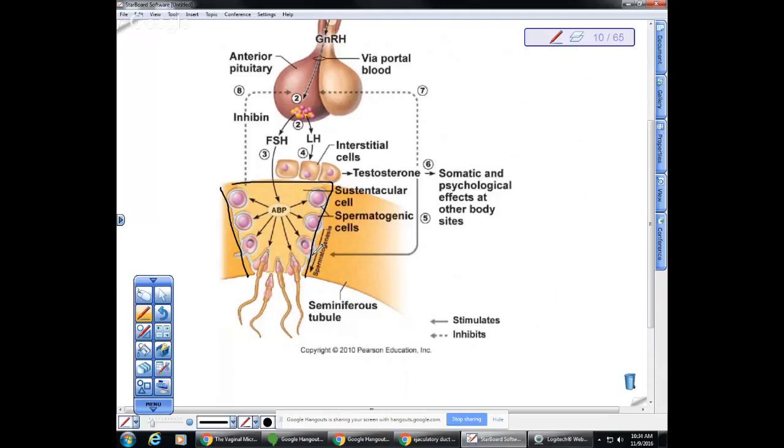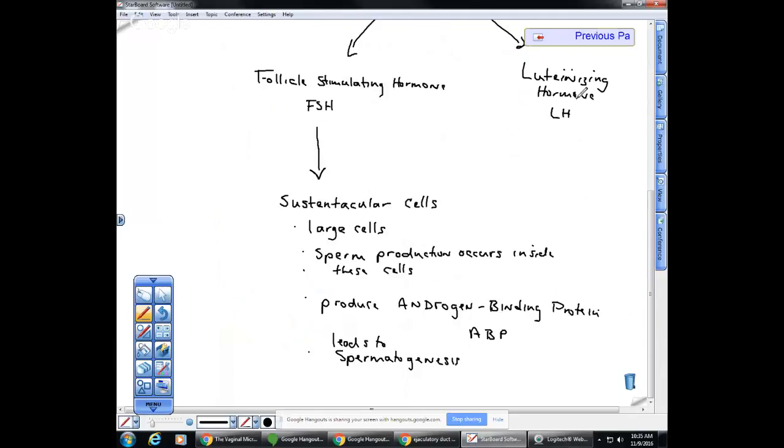Okay. So let's look at what happens with LH. LH is released, and it doesn't actually go into the seminiferous tubules. It goes into cells that are outside the seminiferous tubules, which are called interstitial cells. So LH binds to interstitial cells.